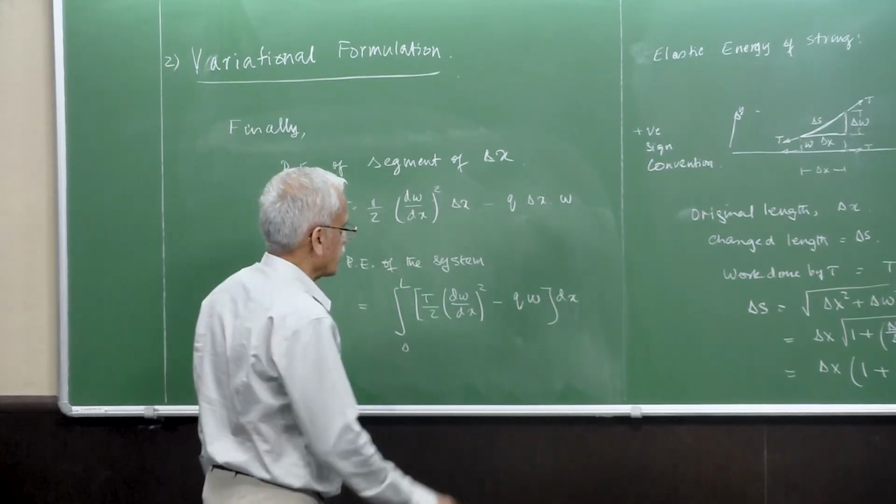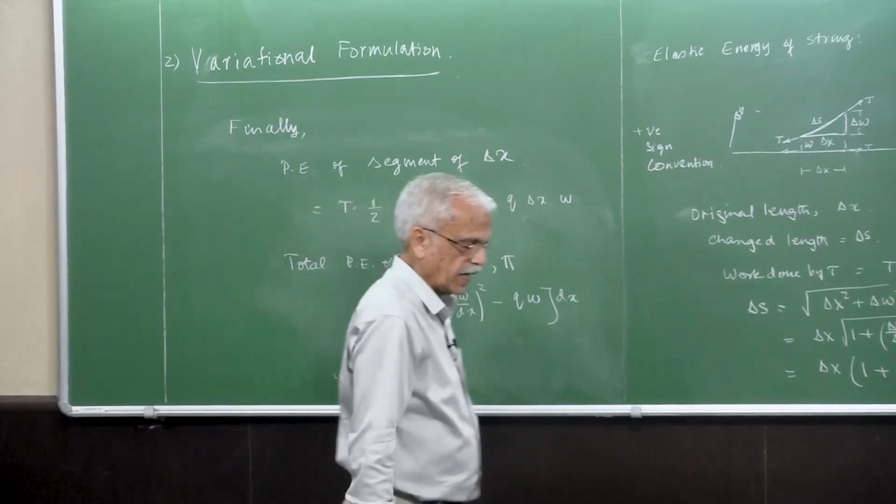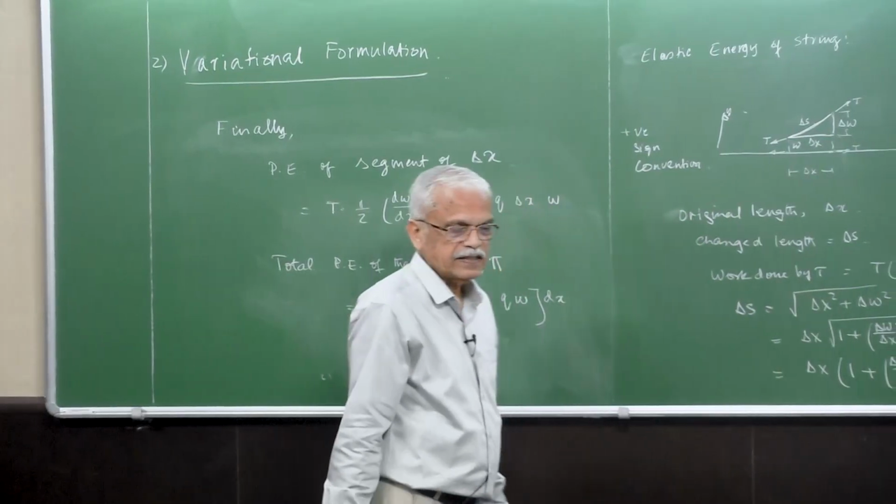We represent this as pi, and this is the total potential energy.